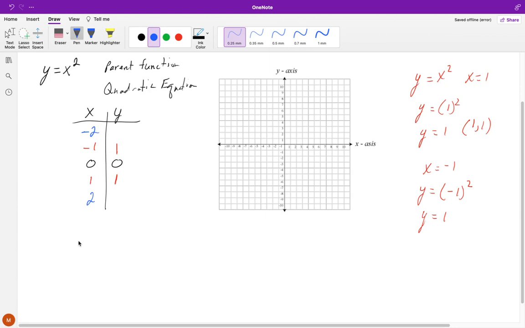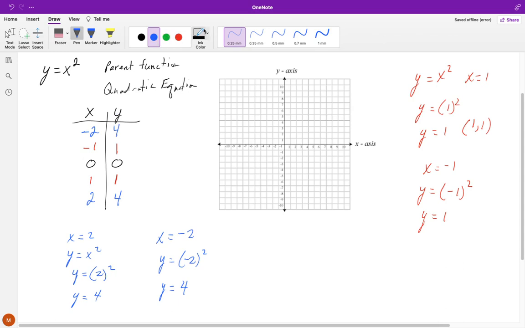So for when x is equal to 2, we now have y is equal to x squared, or y is equal to 2 squared, or y is equal to 4. So now it generates a point of 2, 4. And when x is equal to negative 2, we're going to see it's giving us the exact same value. It's negative 2 squared, or y is equal to also positive 4.